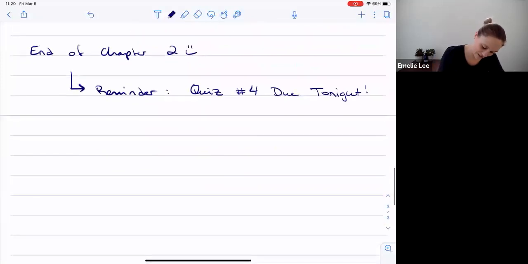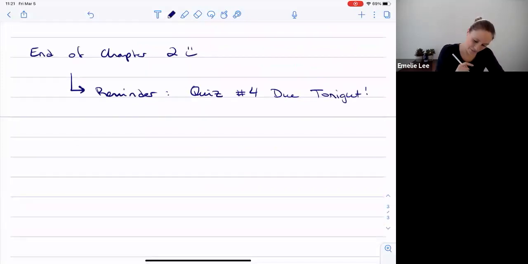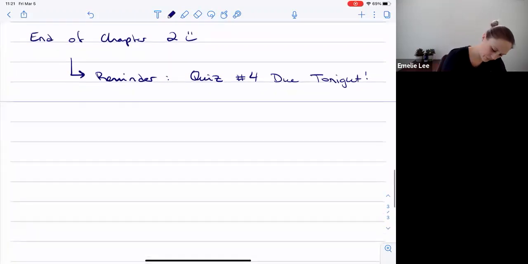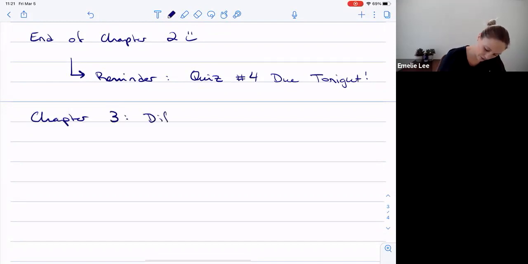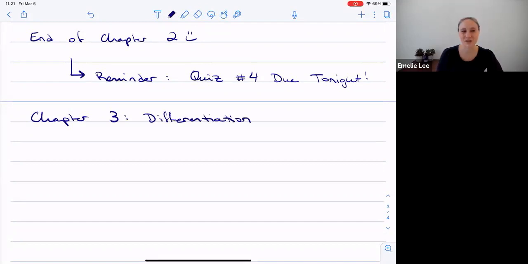Sometimes what you'll find is that we introduce the rules and then we don't really focus on working on them until we've introduced a couple more rules, especially in 3.2, I want to say. So chapter 3 in general is just called Differentiation Rules. As promised, we're not going to do the limit definition of the derivative forever.